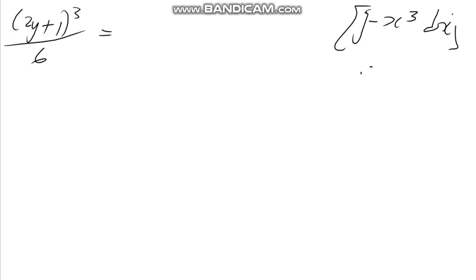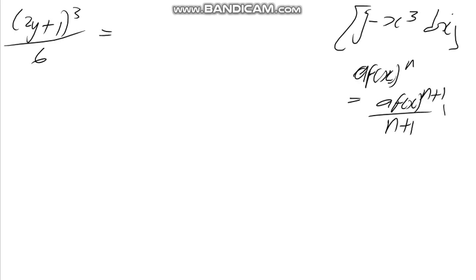It's the same as a times f of x to the power of n. Then from the formula sheet, this is f of x to the power n plus 1 over n plus 1 times, remember, 1 over f prime of x.